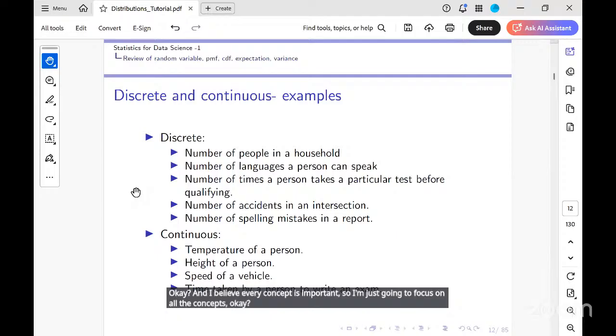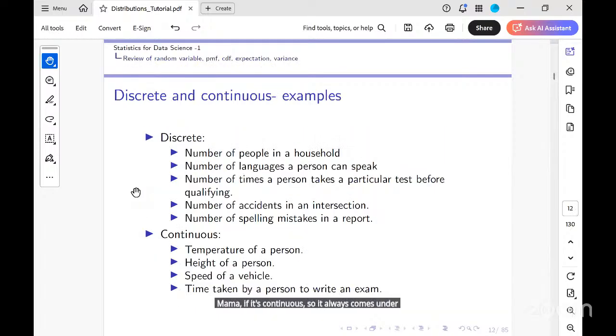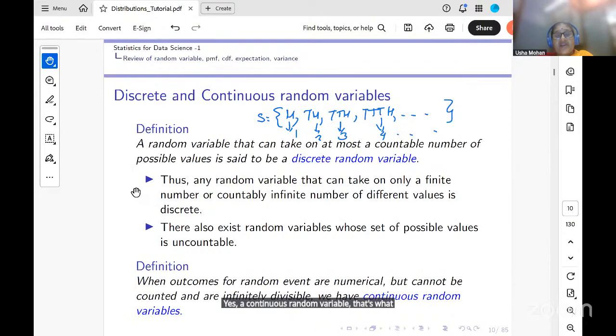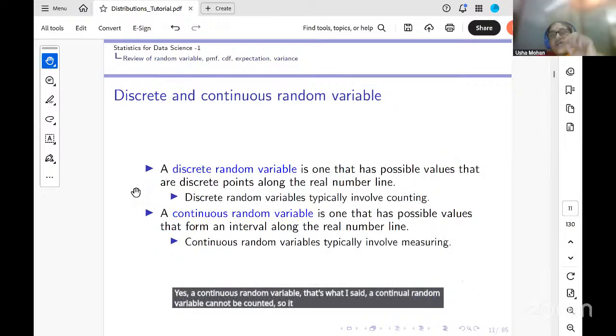Ma'am, if we take a continuous random variable, will it always come under an interval like (a, b)? Yes. A continuous random variable cannot be counted, so it takes values along an interval.